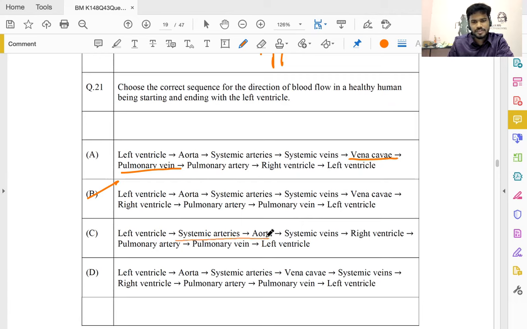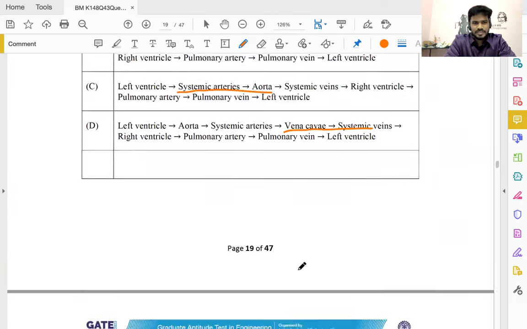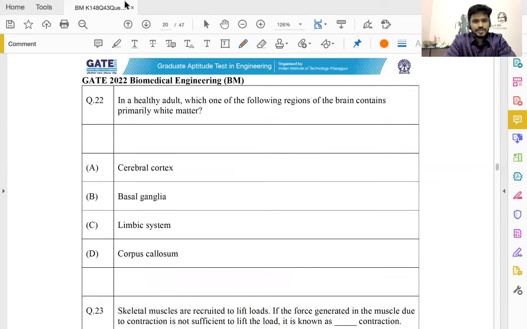Systemic arteries and then aorta, of course, that is incorrect. And then vena cava, systemic veins? No. Systemic arteries go to capillaries, then there are venules, then veins, and then vena cava. So that also is correct.